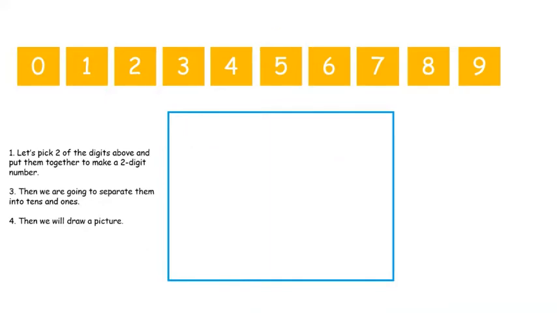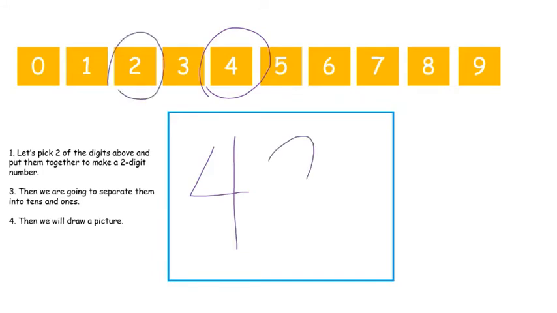Now let's try to do another one. Let's see, what if we picked a 4 and we pick a 2? What is this number? If you said 42, you would be correct.